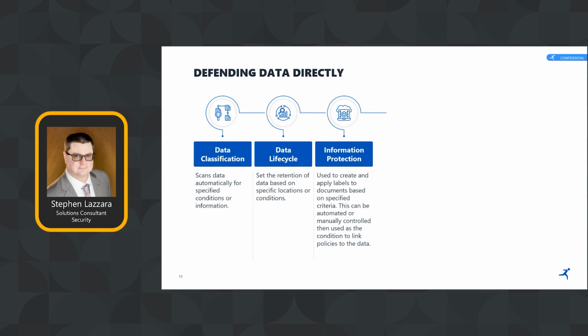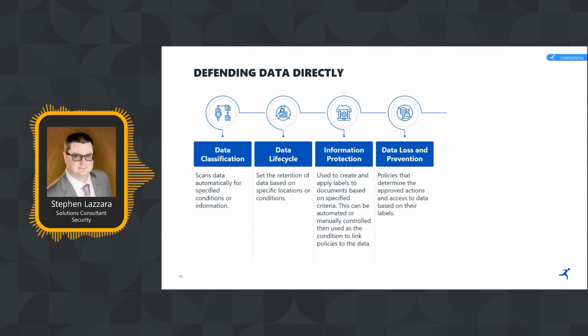And if you have your label applied across all of your data in an automated fashion, you can set your retention policies, and you can actually set your data loss prevention or security policies.